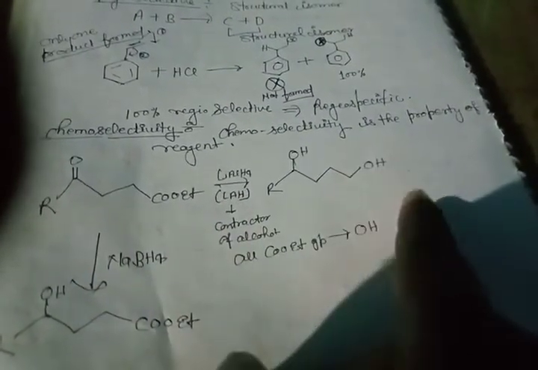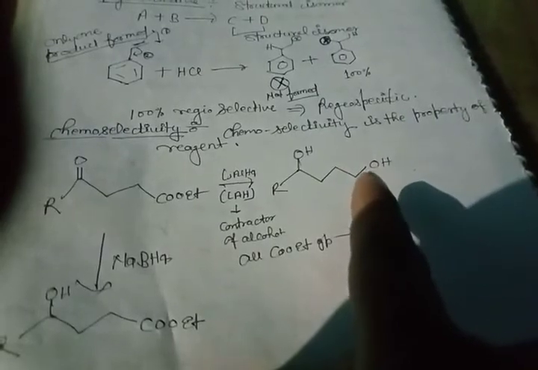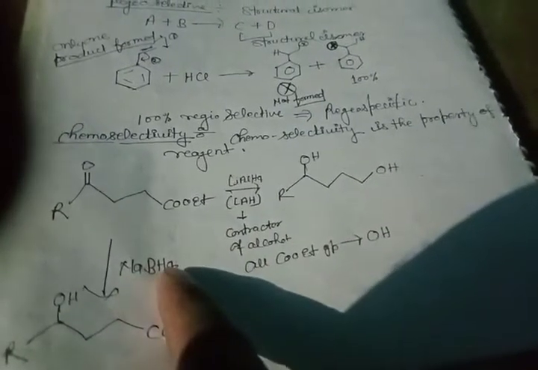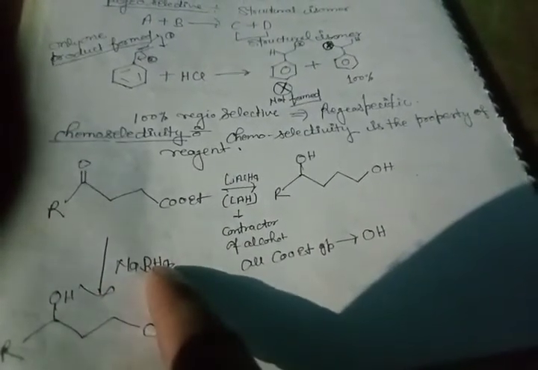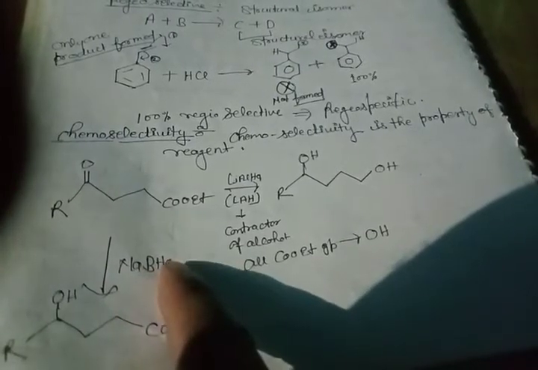It means when LiAlH4 is present, then there is always a possibility of formation of alcohol. But when a mild base NaBH4 is present, then there is a possibility of alcohol and it remains as such, like this one.